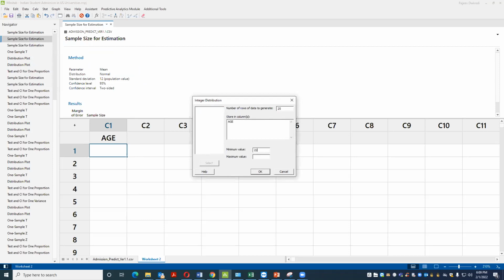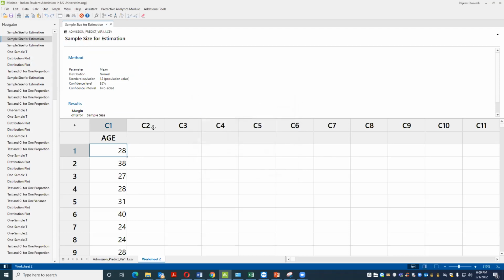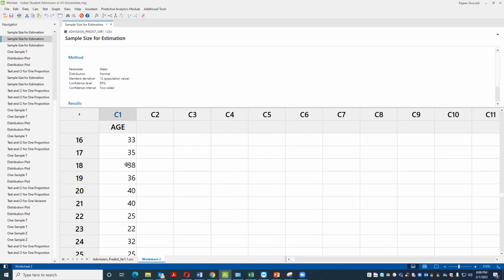So I'm deciding that the age in my class is minimum 22, maximum 40, and this is the 25 students.